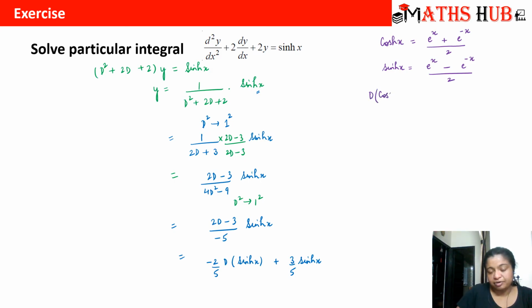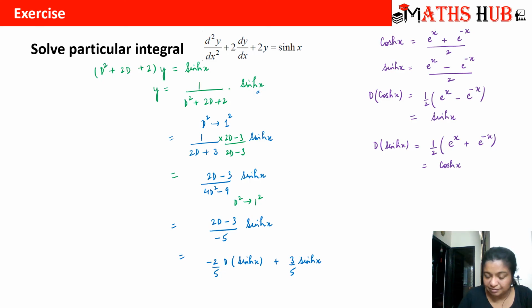The derivative of cos hyperbolic x is, taking the derivative of each term, half of e to the power x minus e to the power minus x, which is basically sine hyperbolic x. And when you take the derivative of sine hyperbolic x, you get half of e to the power x plus e to the power minus x. That means the derivative of sine hyperbolic x is cos hyperbolic x.